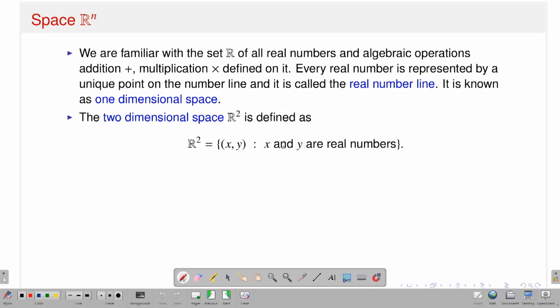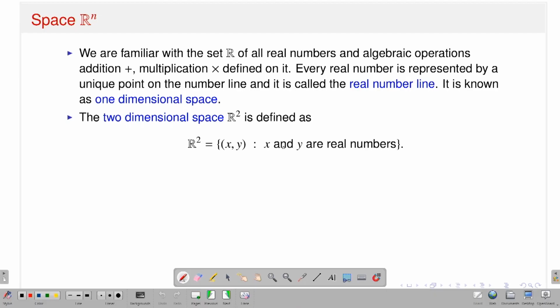For example, in the pair 3 comma 5, the first coordinate is 3 and the second coordinate is 5, which is not the same as 5 comma 3, which is a different point. If you change the order, it denotes a different point in the plane. So, the points x comma y and y comma x are different unless x equals y.